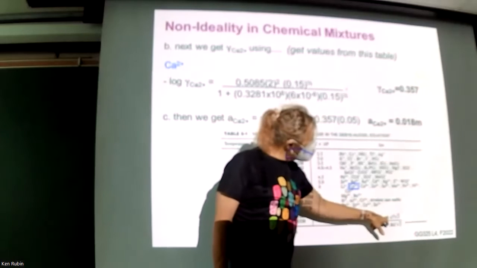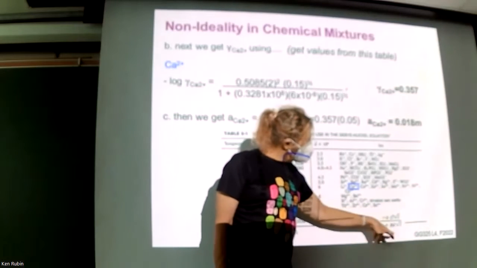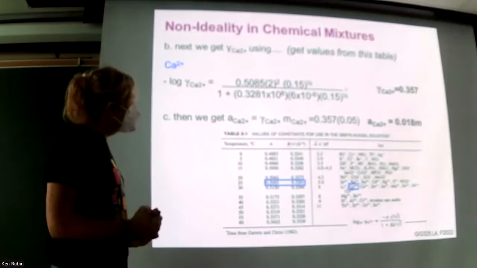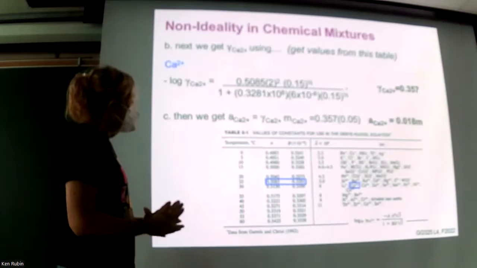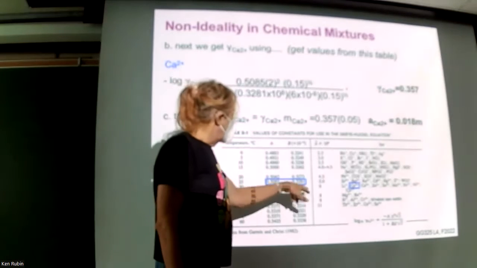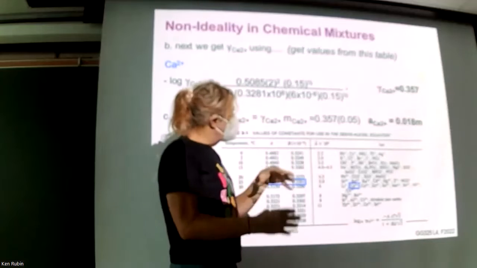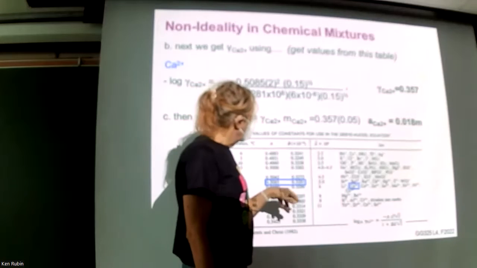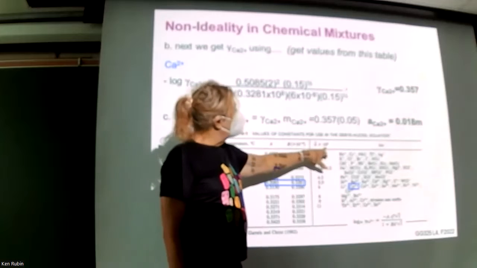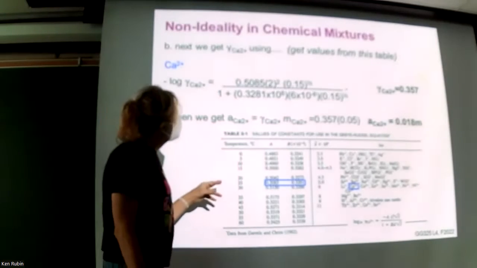We're popping in an A, we're popping in a B, we know our charge squared, and we know our ionic strength, which is going into the square root. We also have to have a value for the a, which is basically the size of the ion. That's where the 6 comes from. It's times 10 to the 8th. You have to remember to put in the 10 to the 8th.